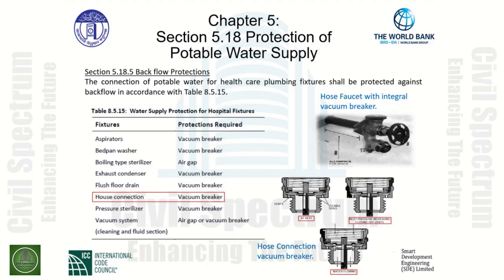As an example, if we take a fixture like a hose connection, the protection required is a vacuum breaker. As seen in the graphic up above, we have a hose faucet with an integral vacuum breaker built into it as it has been manufactured.